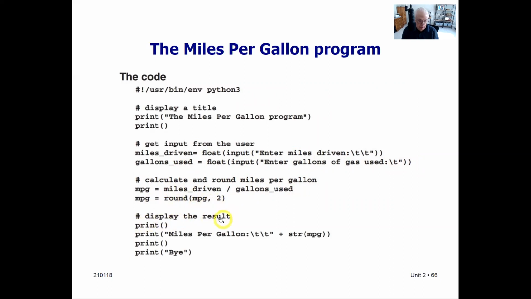Then we want to display the result, blank line. Here's our result, miles per gallon. And we have a couple of tabs here, and we are going to convert because we are using the plus operator here. We have to convert miles per gallon to a string, blank line, bye. Okay, that is our first example.